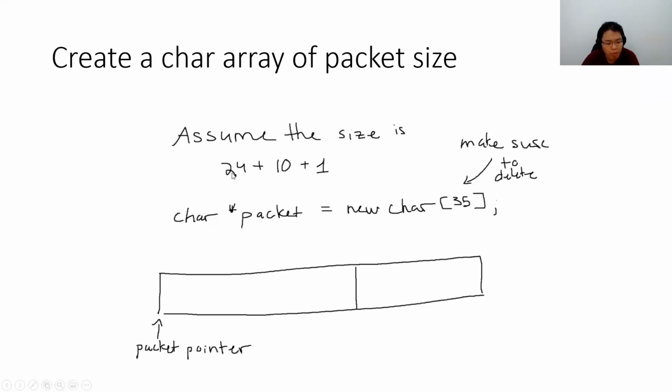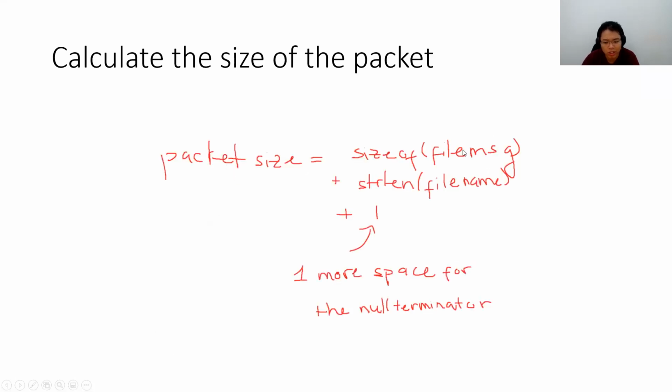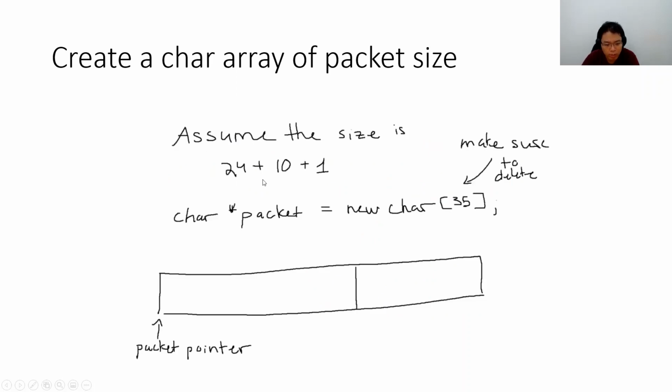The number of bytes needed for the file message is 24, and then you need 10 bytes for the file name that you want, and then the 1 for the null terminator, so that would be 35 right here. And then I would create a char packet, a new char of 35. Make sure if you do this, you have a delete, haha.